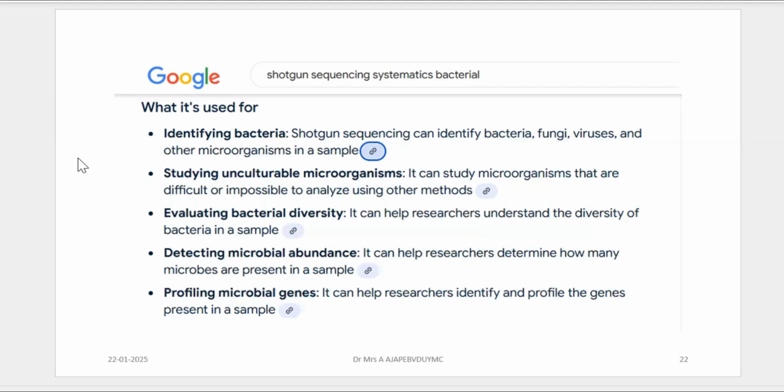Formation of chimeras, and sometimes error-based fragment generation, may lead to errors. Of course, it is not the only problem. The major problem is that you are talking about only a selected region, only the marker gene, and that is used to identify the organism, its position in the microbiome, within the community or any natural ecosystem. So it has limited applications.